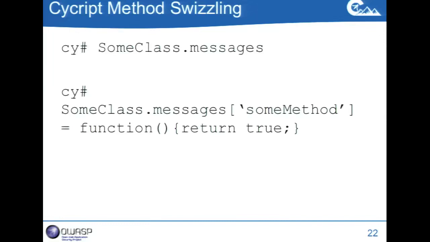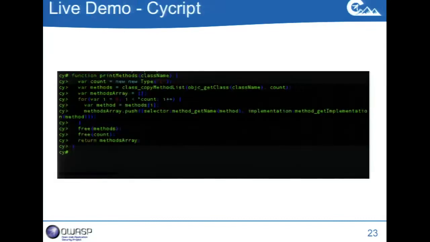I could change the return of that by this nomenclature here. SomeClass.messages, whatever the method is, equals function return true. So I'm just setting it to a JavaScript function, and that's how we bypass jailbreak detection most often. It's fairly straightforward. So let's try a little Cycript.